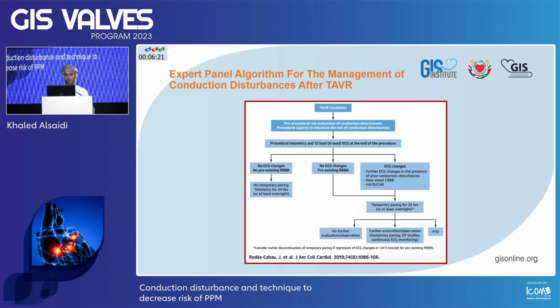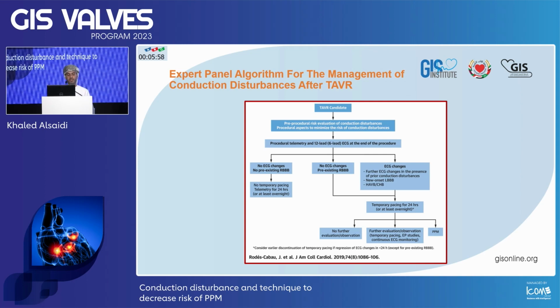aortic valve. So this is the expert consensus guidelines. Here you can see that for every patient we have to evaluate the risk of conduction disturbances. Usually if there is no ECG changes and no pre-existing right bundle branch block, you don't even need to do pacing. This is minimal TAVI, no pacing. You just do telemetry for 24 hours or overnight.